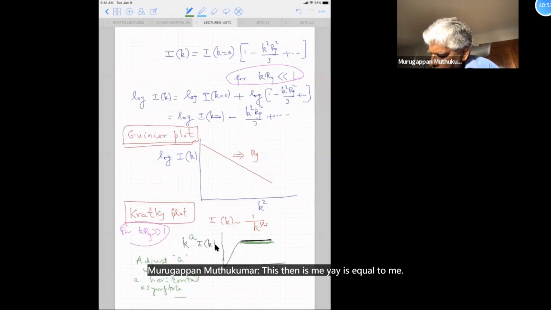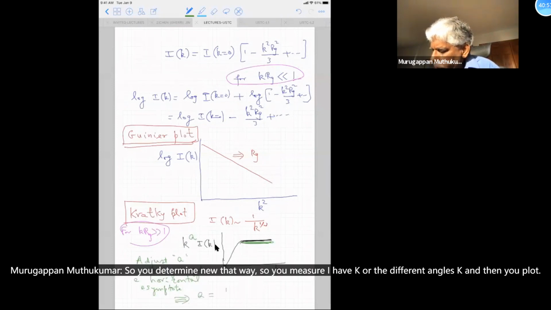This then gives me A is equal to 1 over nu. So you determine nu that way.